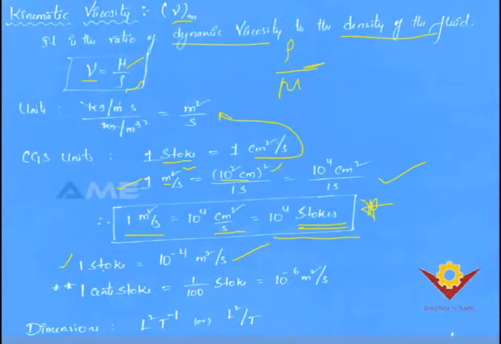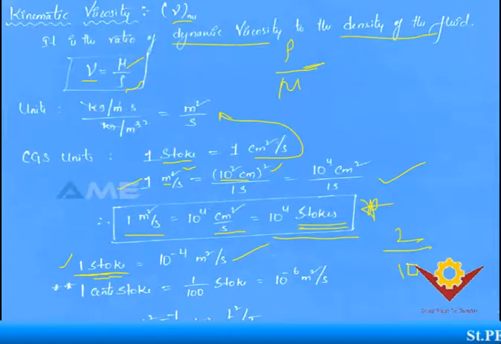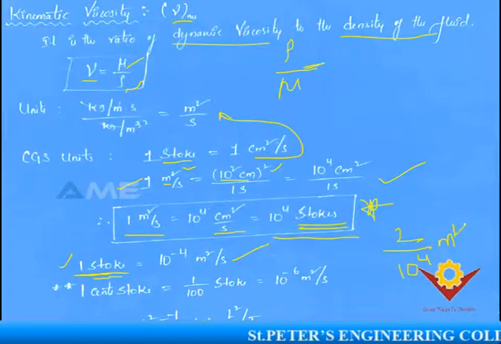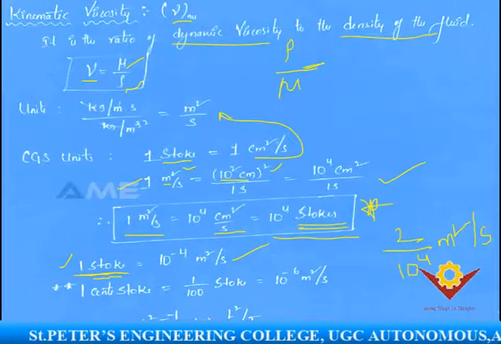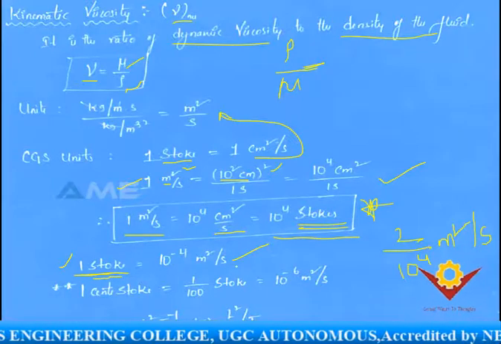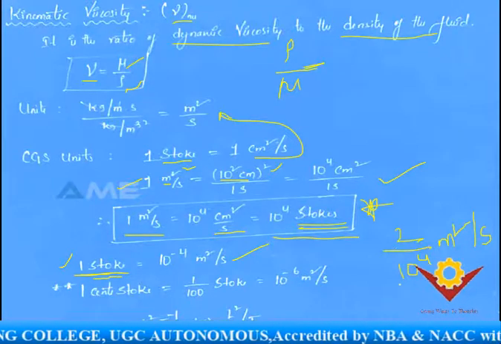And in the problems, if they ask what is the value of 2 Stokes in meter square per second, then for the given Stokes, you just divide by 10 to the power of 4. 2 Stokes divided by 10 to the power of 4 will be converted into meter square per second. That means if they give the units in Stokes and you want to convert that into meter square per second, just divide by 10 to the power of 4.